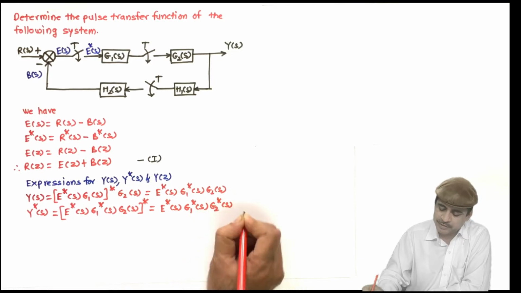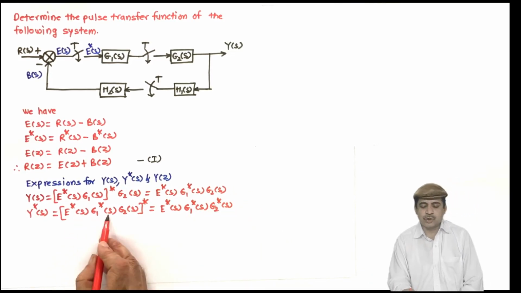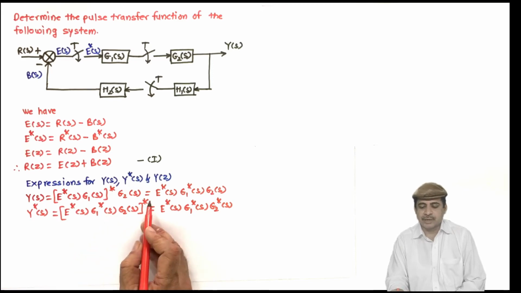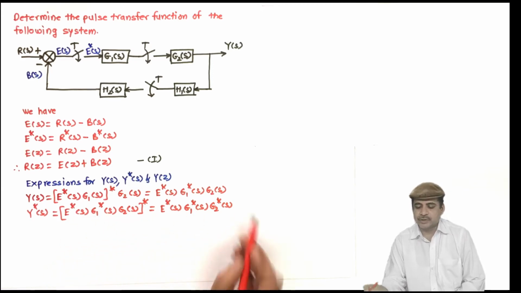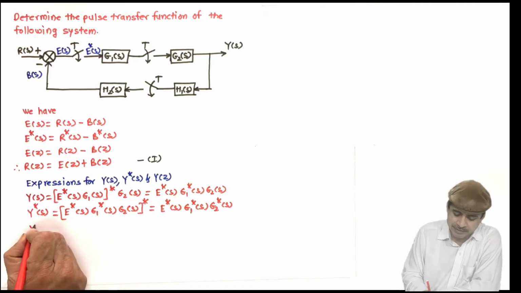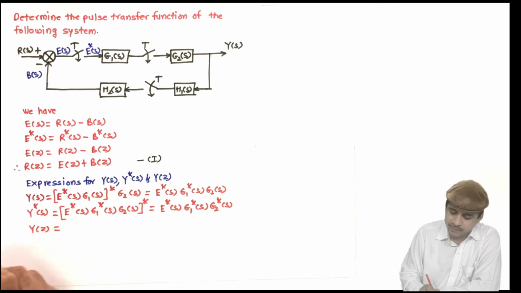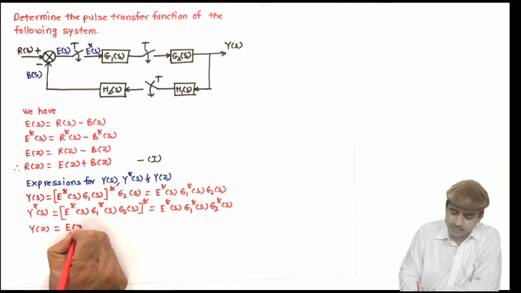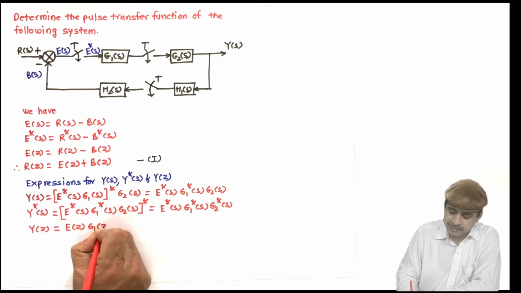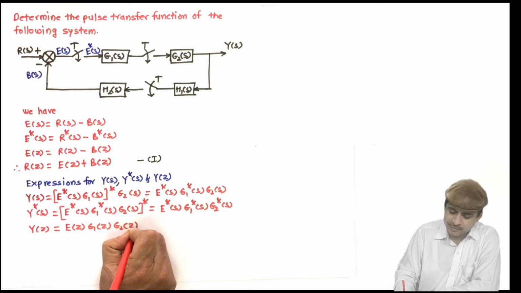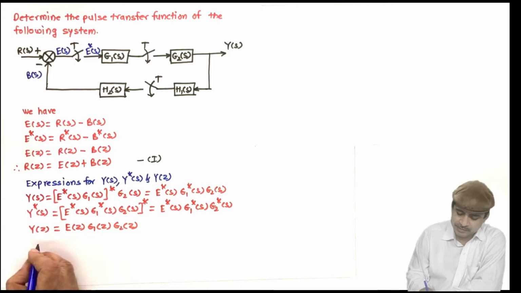We are making use of the property. See, these two are already separated. This is the only term. So after taking star, all three will be isolated. And then Y(z) will be equal to E(z) G1(z) G2(z).